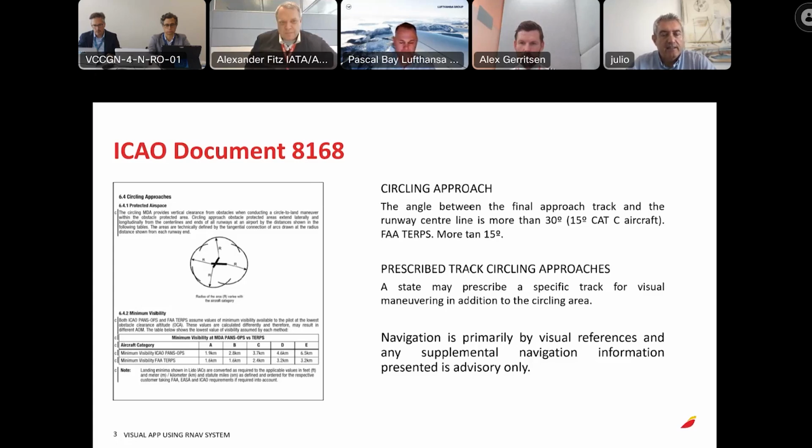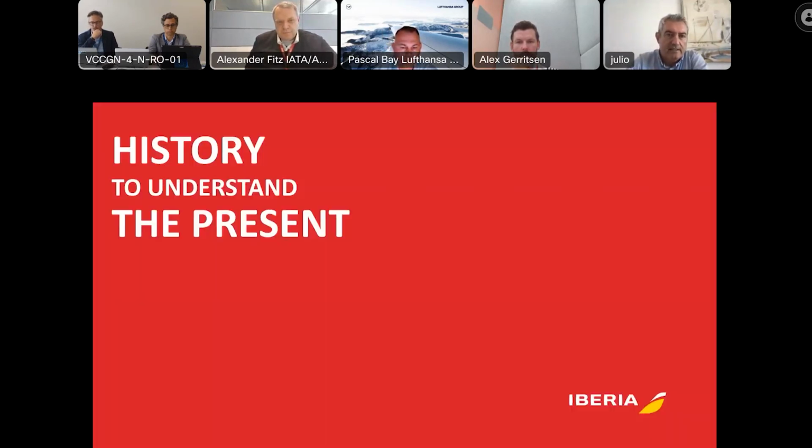Anyway, we find in some destinations that they introduce waypoints. Those waypoints in prescribed track approaches are only advisory, but of course, it helps the pilots a lot to follow the track with more accuracy.